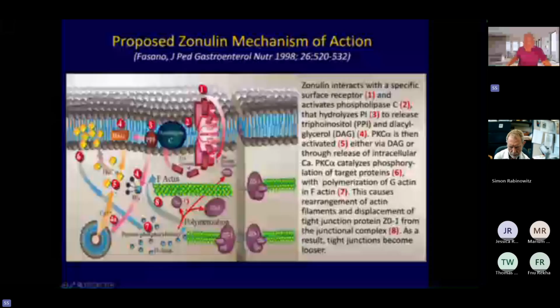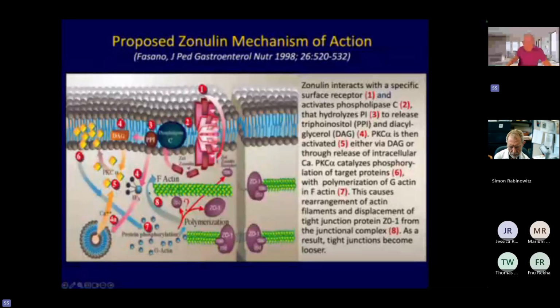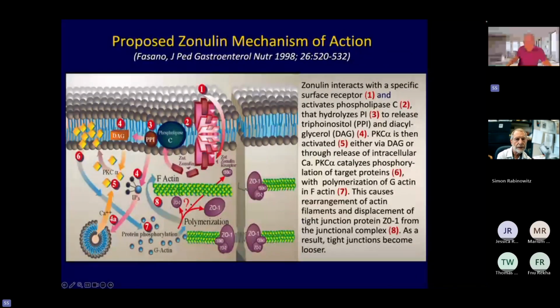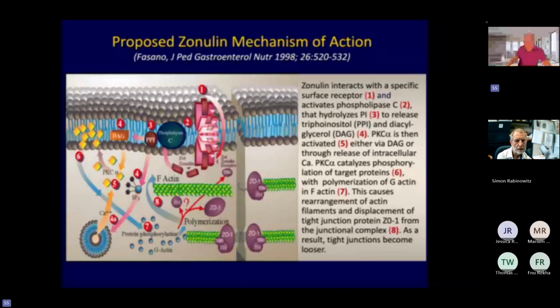And then further on, we have the catalytic metabolism of individual proteins. Eventually, this causes actin molecules to be rearranged and displaces the tight junction protein ZO1 from their junctional complex. As a result, the tight junctions are loose.